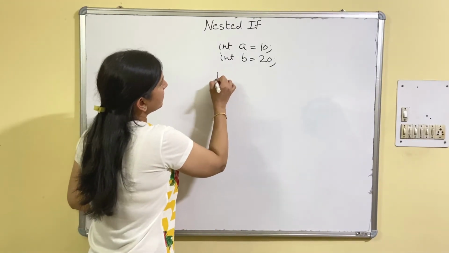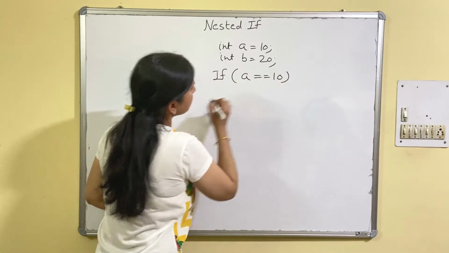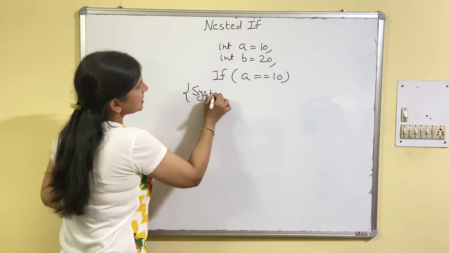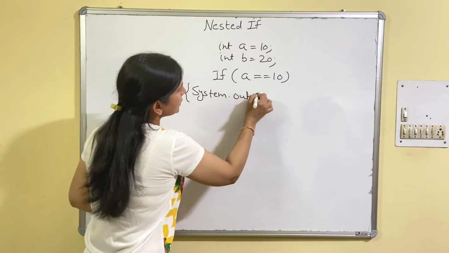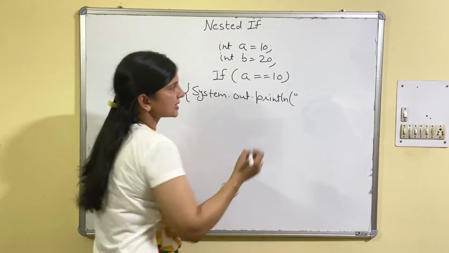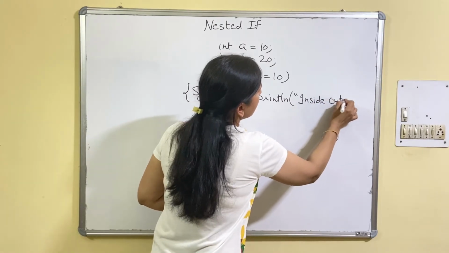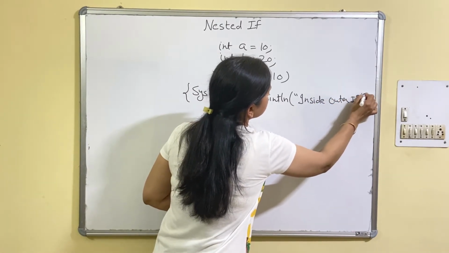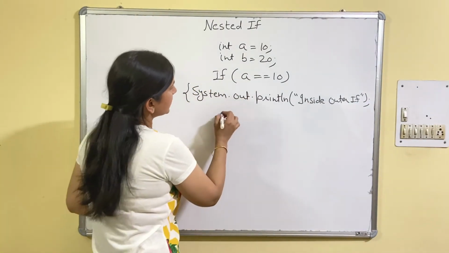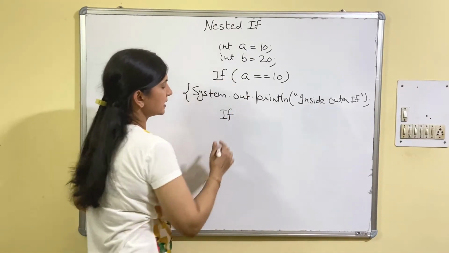Now I am applying the condition: if a equals 10, then it should print, braces start, System.out.println, a message inside outer if. This is outer if. Then I am using one more if statement inside this if statement.